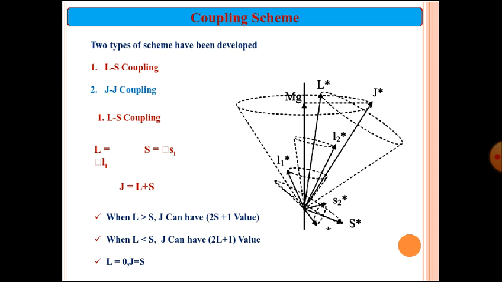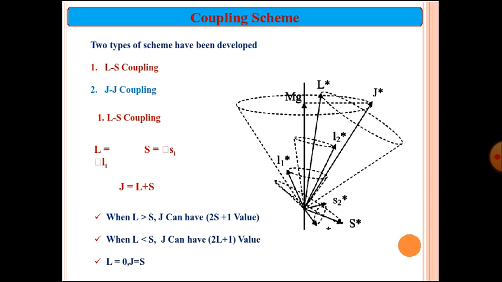LS coupling has another name, Russell-Saunders coupling. The type of coupling which occurs most frequently is the LS coupling.